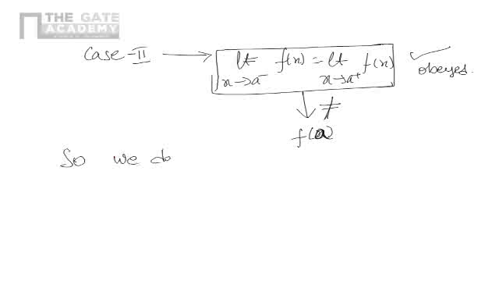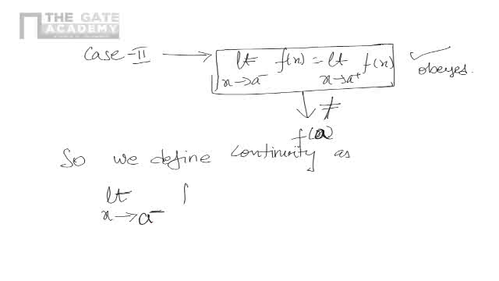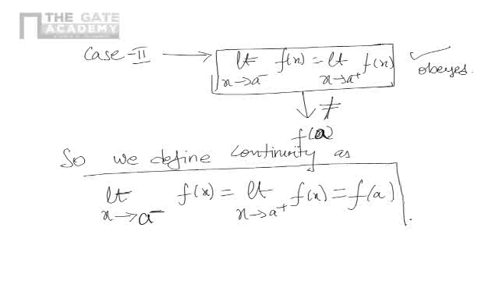So we define continuity as limit x tends to a minus f of x should be equal to limit x tends to a plus f of x, which should be equal to f of a.